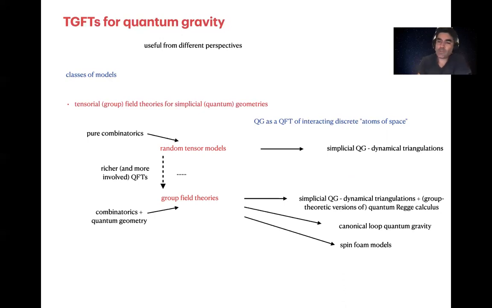But then we have a strict connection to canonical loop quantum gravity and spin-foam models as well. A second main class of tensorial group field theories are simply tensorial field theories on flat space. We're going to discuss them in a second. The interest is that they may define controllable conformal field theories and therefore have a connection to quantum gravity through the AdS/CFT correspondence.